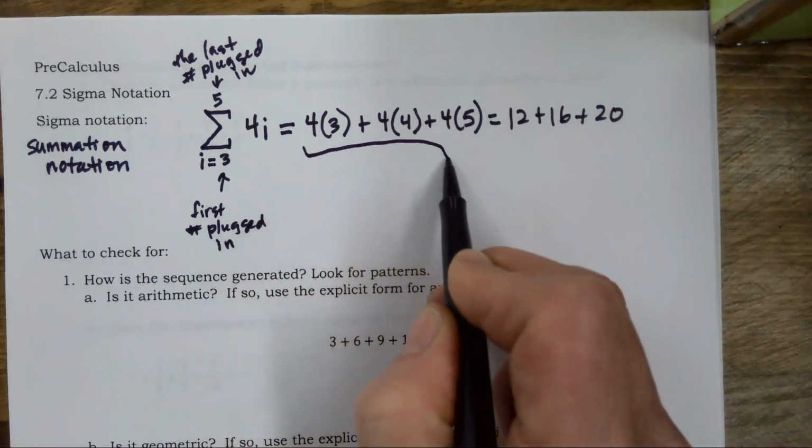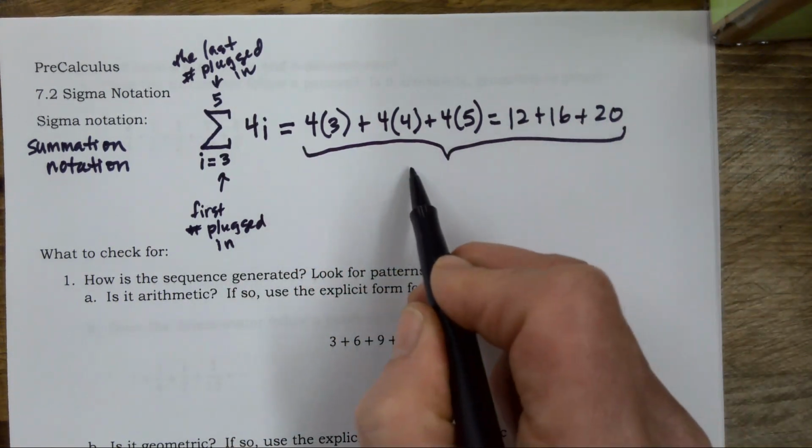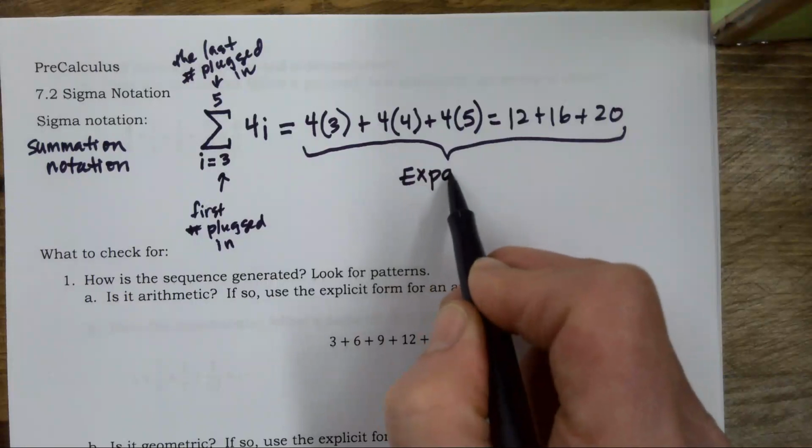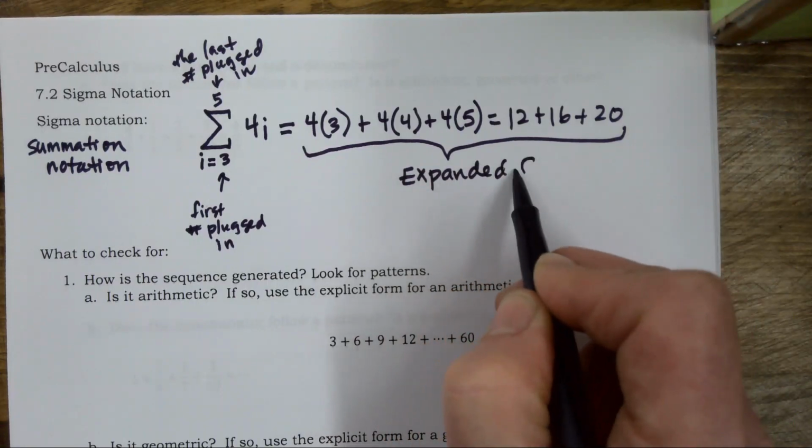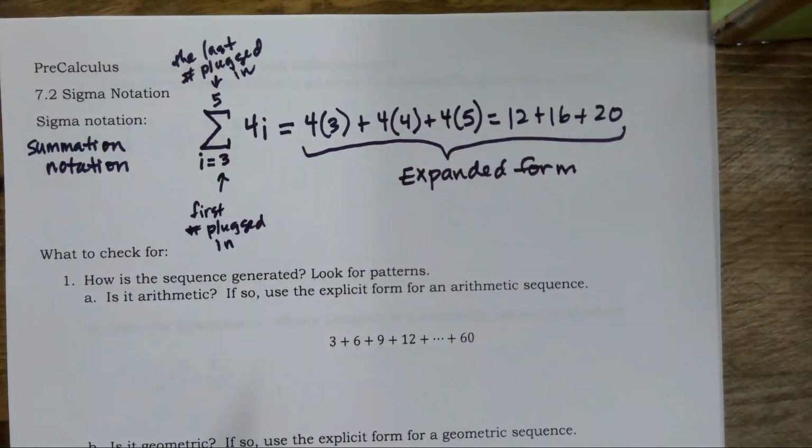This here is known as expanded form. Again, if it ever says expand, that's what they're looking for. You could have the first part alone, you could have the second part alone, or you could have both parts when it asks you to expand.